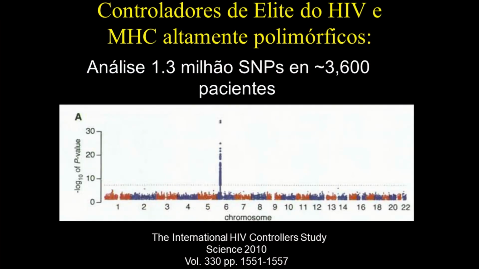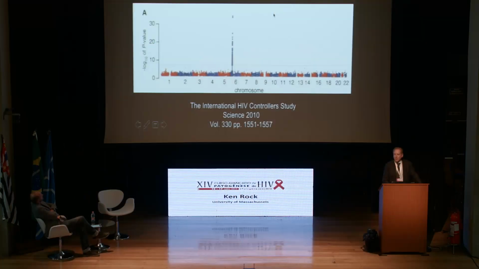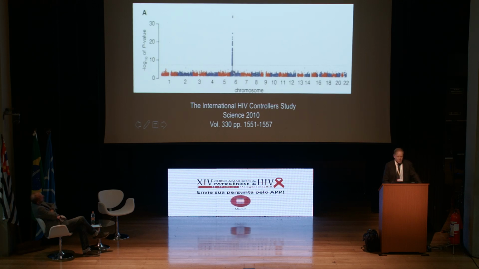And so there was a very large GWAS study done looking at single nucleotide polymorphisms in a large number of patients. And remarkably, out of the study, so this shows all of the various chromosomes that were looked at, there was a single genetic locus that was highly statistically linked to this.